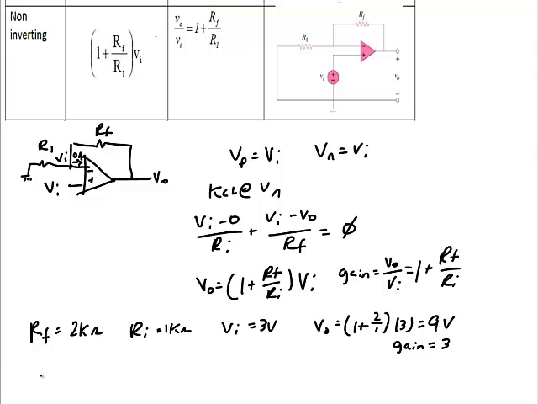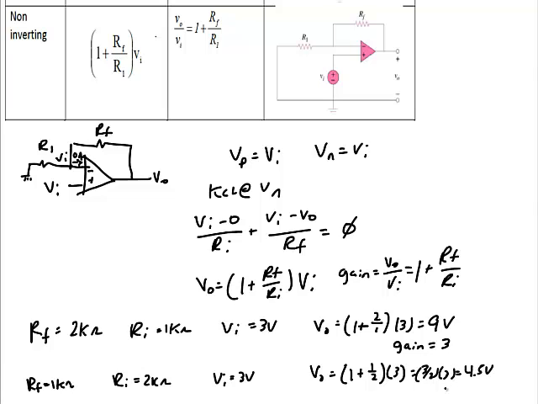Well, what if I reverse RF and RI and make RF equal to 1 kilo ohm, RI equal to 2 kilo ohms, and VI still equal to 3 volts? Well, VO is equal to 1 plus 1 over 2 times 3. So that would be 3/2 times 3, or 4.5 volts. So the gain is 1.5.